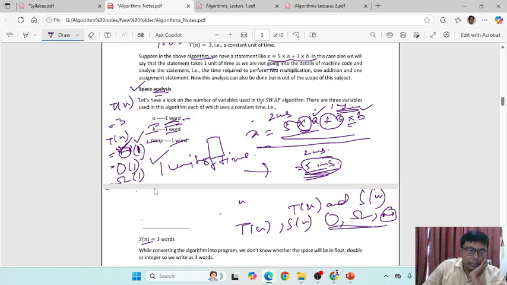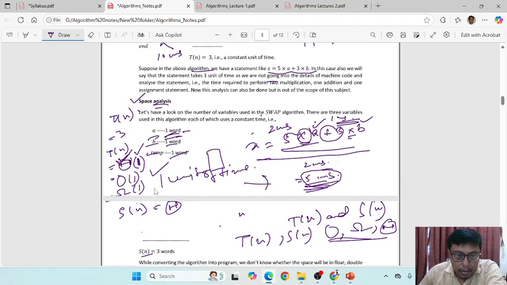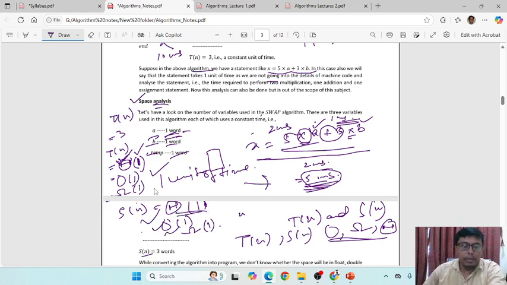So Sn can again be represented as big theta of 1, or we can write big O of 1 or big omega of 1. Any one of these will do good, but the preferred one is this one.